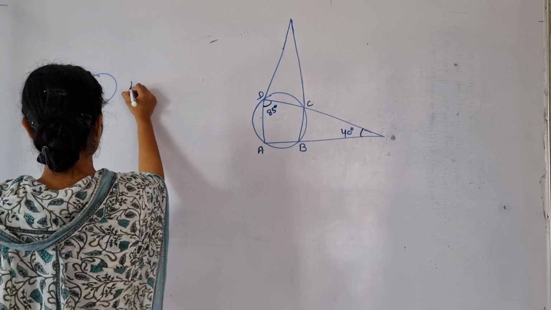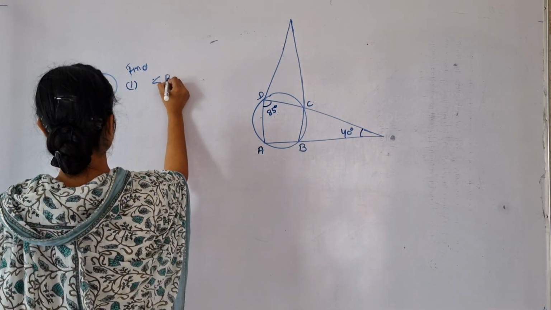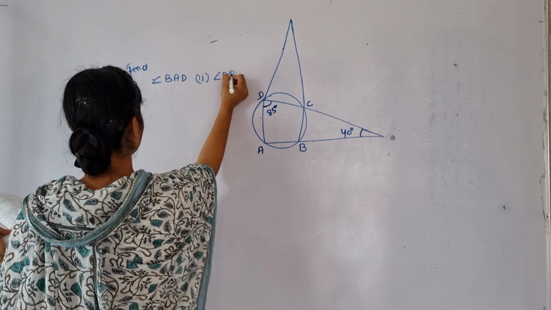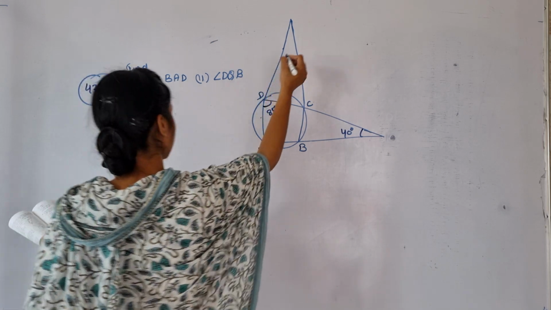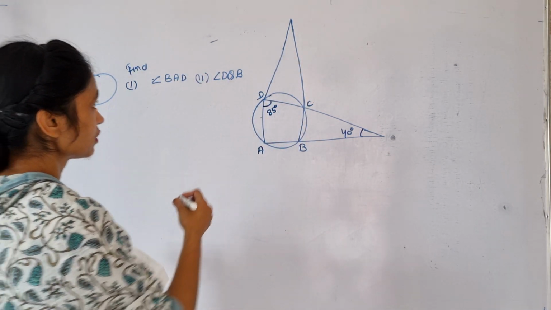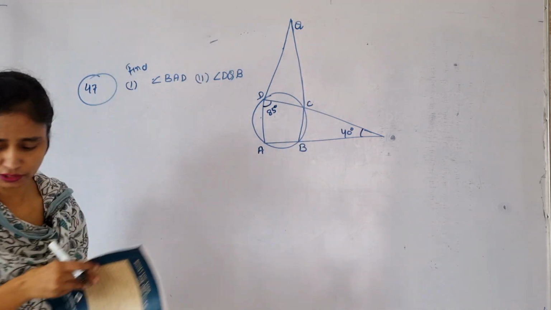You need to find BAD, and second, you need to find DQB. Here is Q. Is this figure visible to you properly?